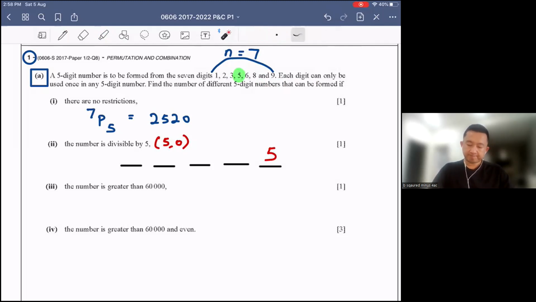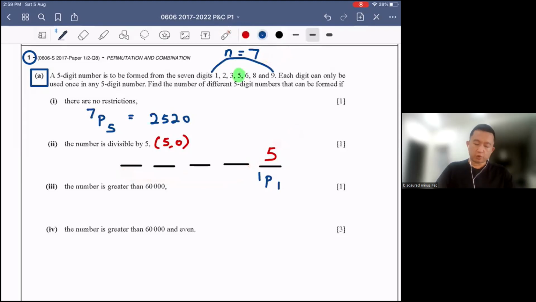In that case, for the last slot, you only have 1 digit, which is digit 5, and you can only put it into the last slot. So 1P1. Okay? So we have 4 more slots to go. How many digits left? Think about it. Total 7 digits. 1 digit has been filled in at the last slot, so 7 minus 1.